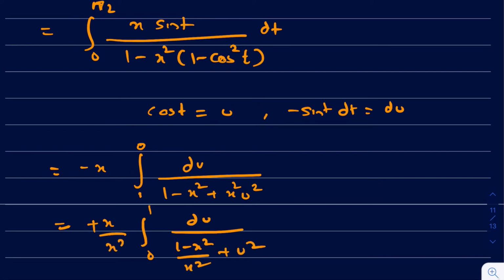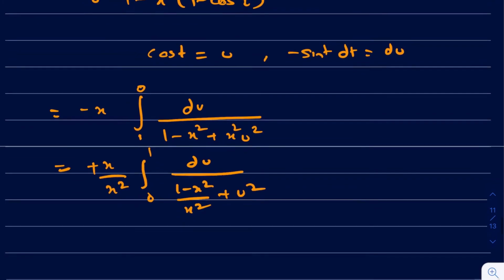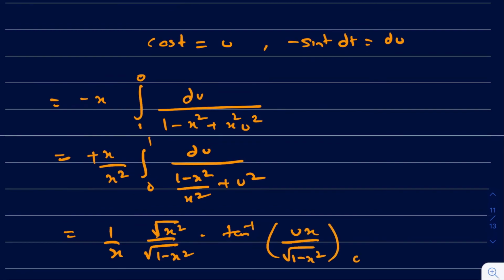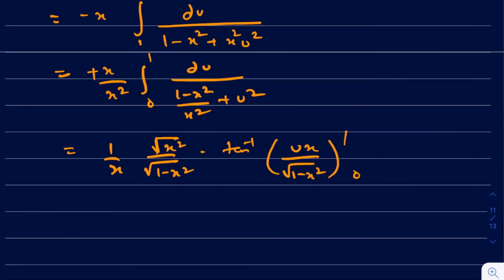Let's divide the entire thing by x square. Now we can directly integrate. This is the tan inverse format. So 1 by a tan inverse, with integration limits from 0 to 1.